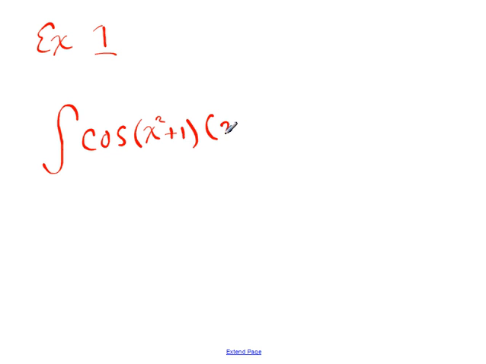Let's say that we wanted to integrate cosine of x squared plus 1 times 2x dx. This is going to be a reverse chain rule, and what we need to do is identify what is our f prime of x, what is g of x, and what is g prime of x.